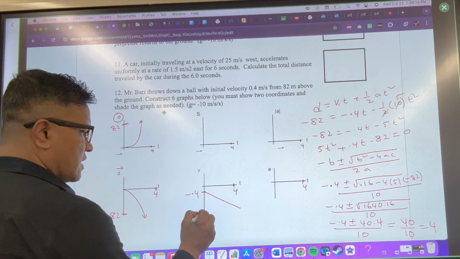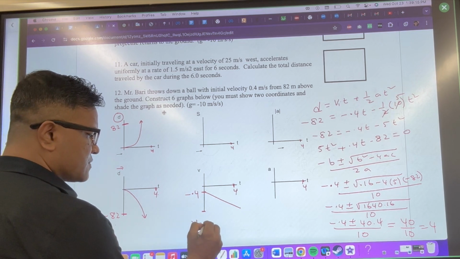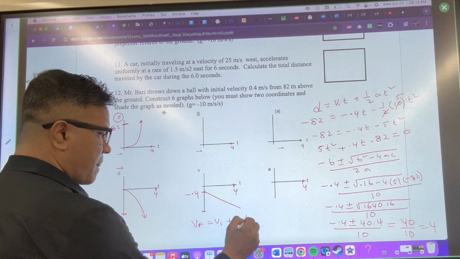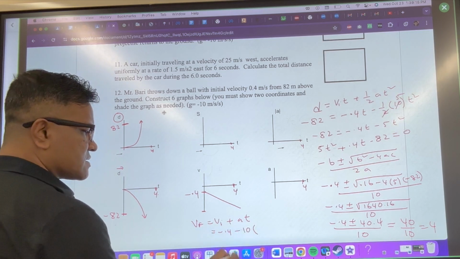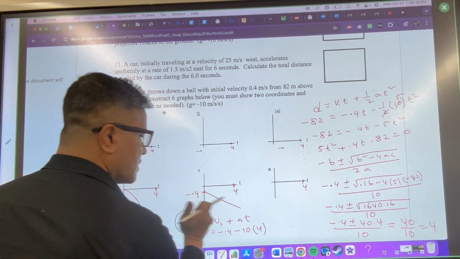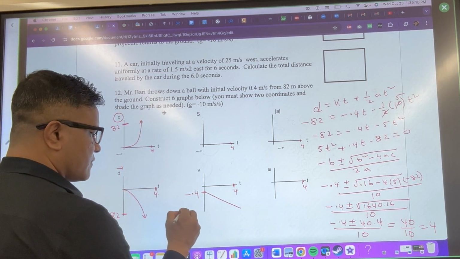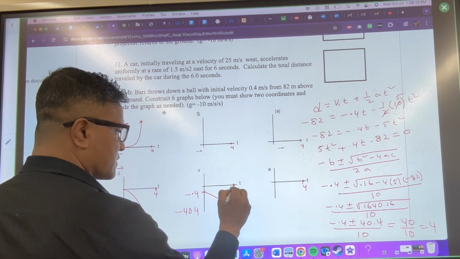So you have a final velocity. How much is it? vf is equal to vi plus at. vi is negative 0.4, minus 10 times t equals 4, so negative 40.4. This is what you are talking about right here.